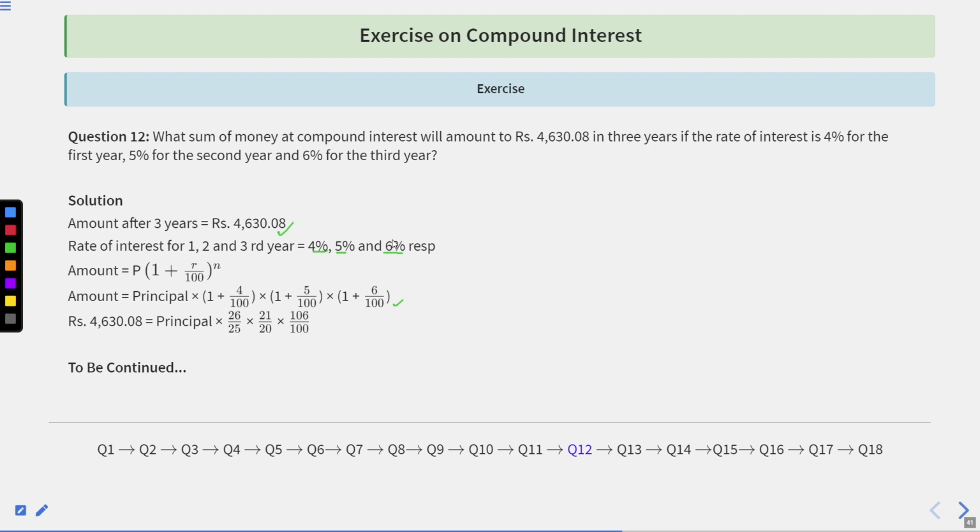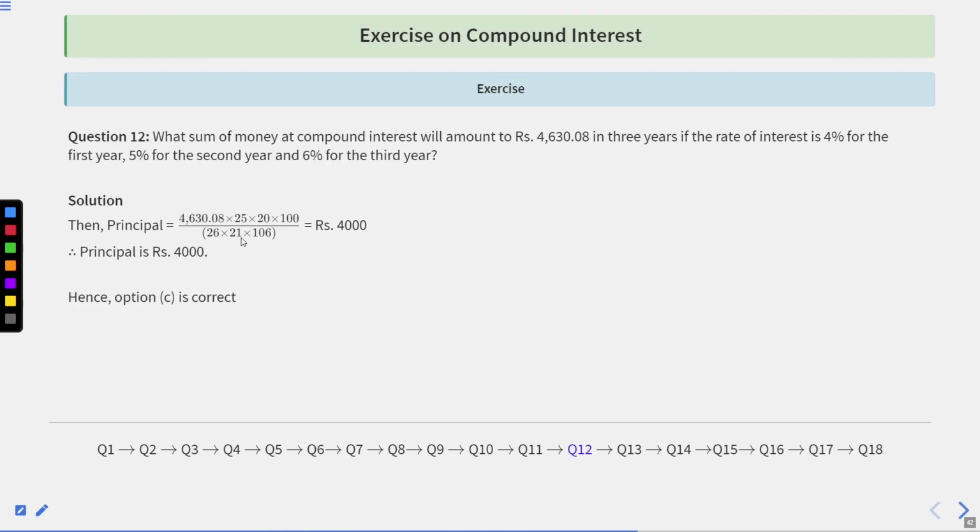So it is equal to principal into 26 upon 25 into 21 upon 20 into 106 upon 100. So then the principal will be equal to 4,630.08 into 25 into 20 into 100 upon 26 into 21 into 106, which is equal to 4,000. Therefore, the principal is 4,000 rupees. So the option correct here is option C.